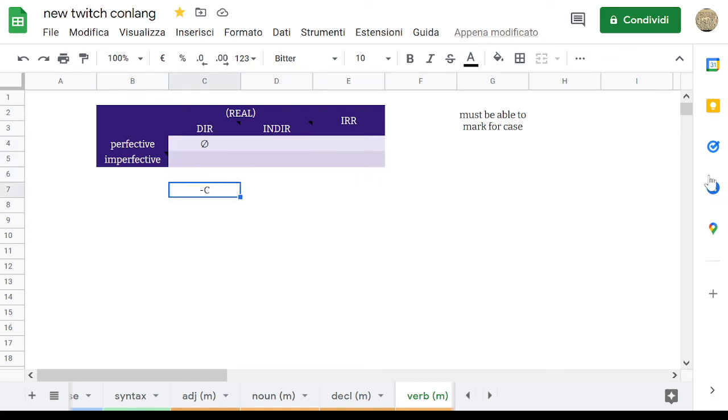So, let's see here. If my zero ending is just truly nothing, if my unmarked ending is just nothing, then it can just be a consonant. Oh, but it cannot be. Because I need to be able to put case endings on it, right? That's one of the things.